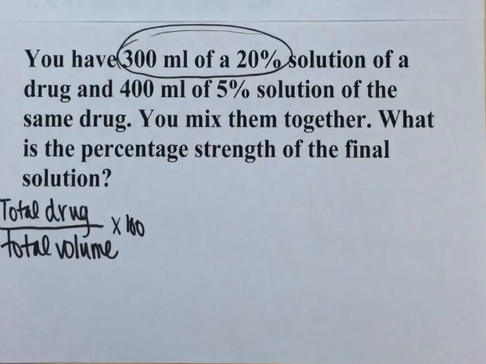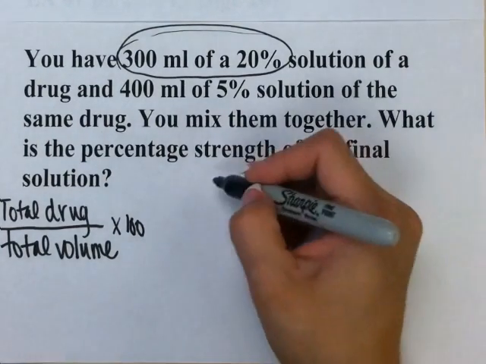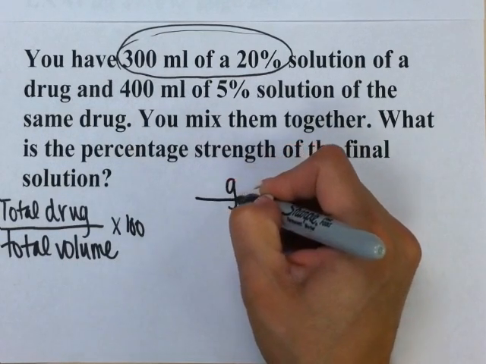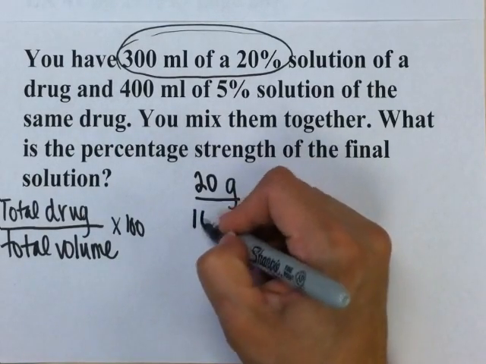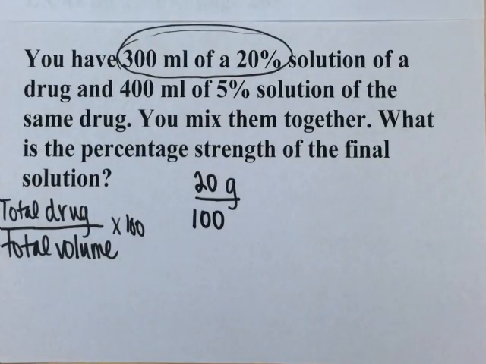300 mLs, it's 20%. In order to find the total drug, we're obviously going to have grams on top because we're looking to find out the total drug. So remember that what this 20% means is really there's 20 grams of drug present in 100 mLs of drug solution.